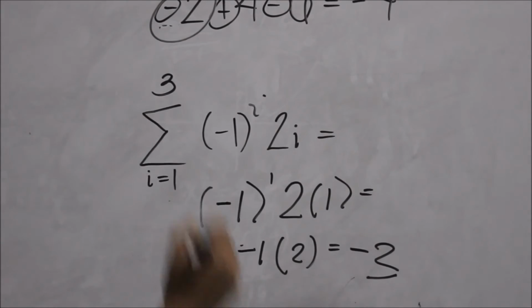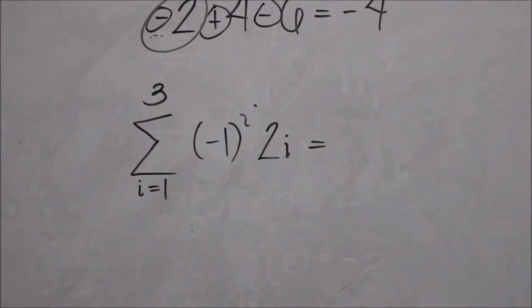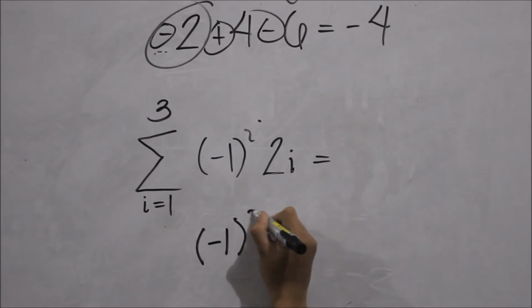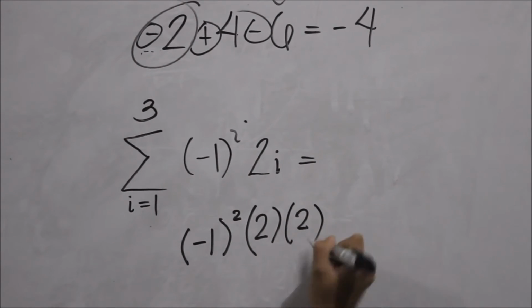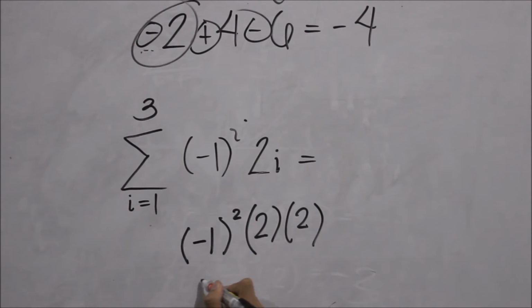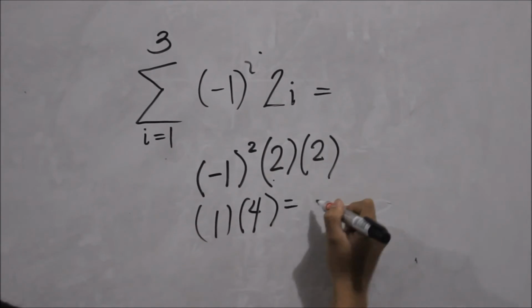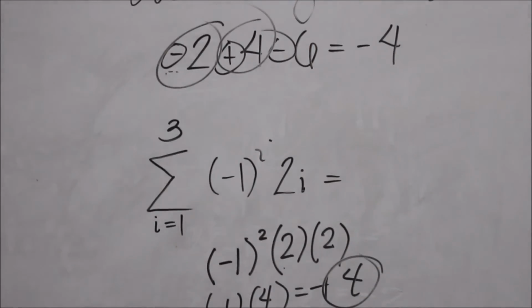And for the second one, we'll substitute 2. So negative 1 raised to 2 and 2 multiplied by 2. So negative 1 raised to 2 is positive 1 and 2 times 2 is equal to 4. So it is equal to positive 4.